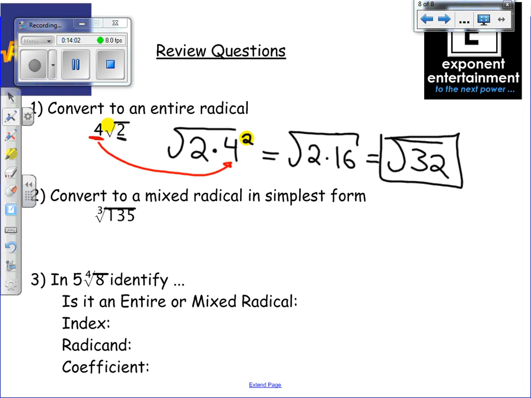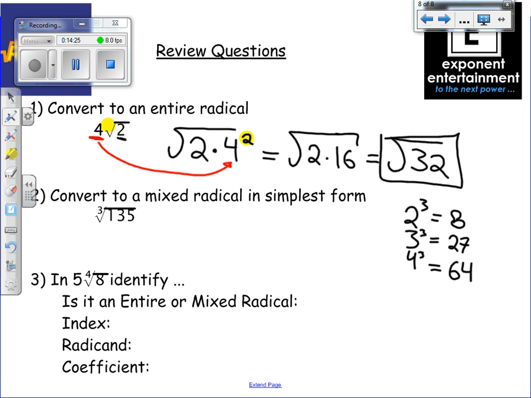So 2 cubed, 3 cubed, 4 cubed: 8, 27, 64, and then 125.